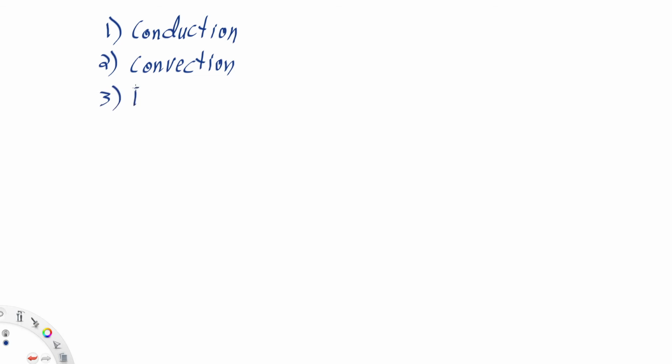There are three main ways of moving heat around. And you've probably heard all of these since, I don't know, middle school. We're going to be precise about what we mean by them here.